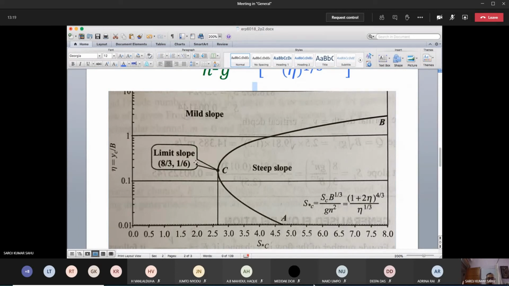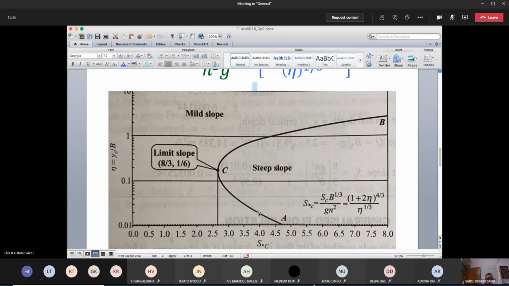So if your S star C value is say 4, you read this value of eta.